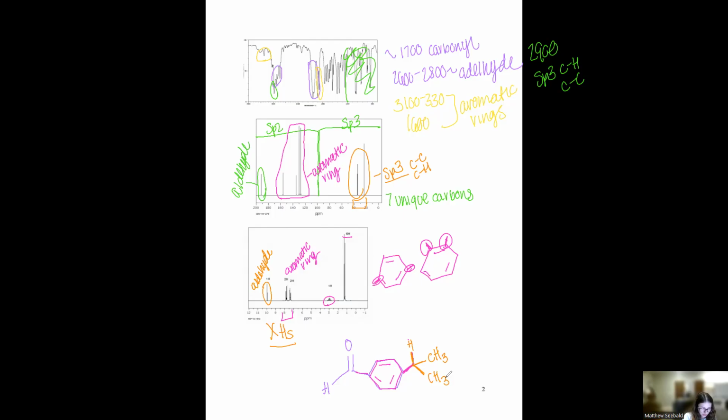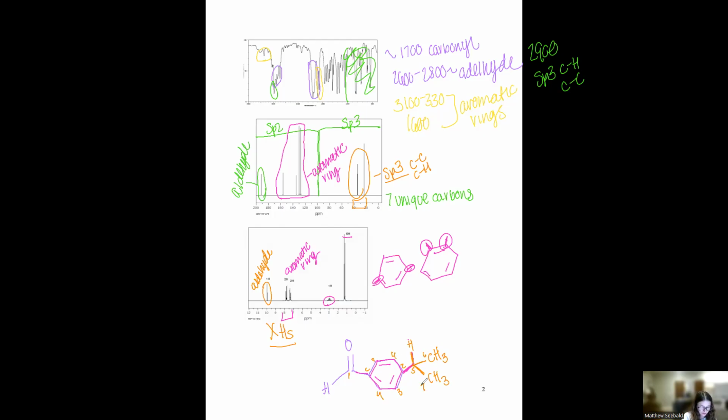To make sure that all these graphs are correct, I can count the amount of carbons, which have 1, 2, 3, 4, 5, 6, 7.